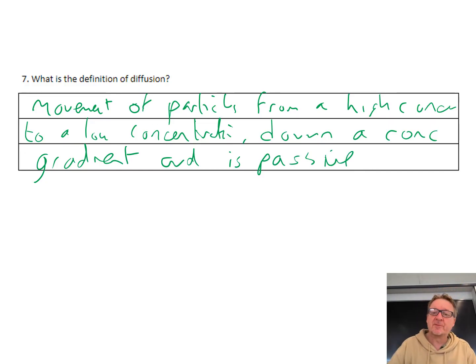So it's the movement. If somebody walks into a room with perfume on, the perfume is a high concentration. It moves across the room from a high concentration to a low concentration, which is called going down a concentration gradient, and passive means no energy is needed for it.